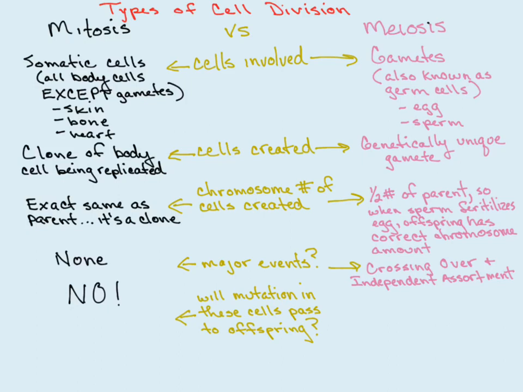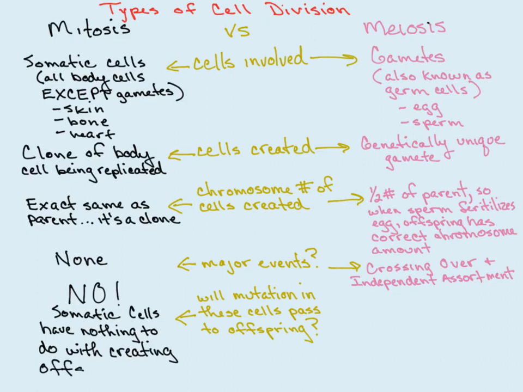Absolutely, you cannot pass a mutation that happens in your somatic cells onto your offspring. Why? Because they're not involved in the least little way in creating offspring. They are simply the cells of your body doing their function. They have nothing to do with creating your offspring.